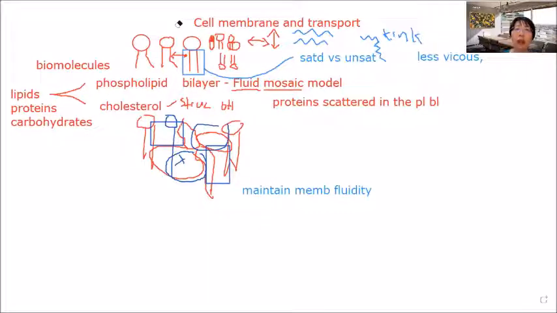So when you look at protein, we actually look at the different kinds of proteins that you can find inside the membrane. So can you name me all the proteins I've learned in the membrane? Amar? Sorry? Name me all the different kinds of proteins you can find in the membrane.